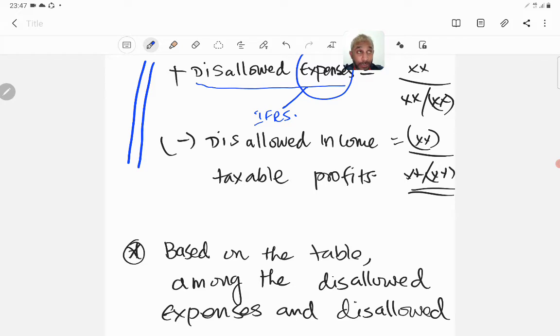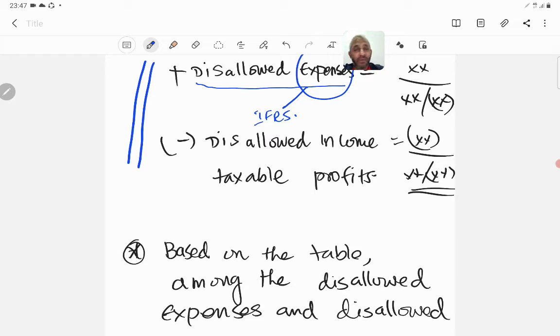Whereas according to IFRS financials, we don't wait until we receive the cash. As long as we justify that according to IFRS 15 the revenue meets the conditions to be recognized, then we need to recognize it regardless of when we receive the cash. But the tax authorities are different.